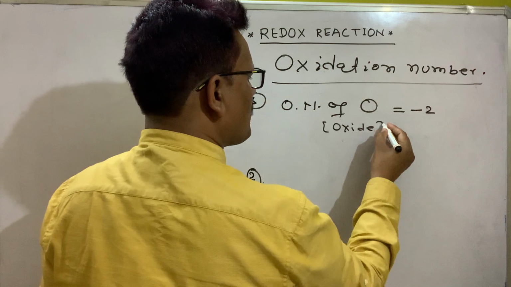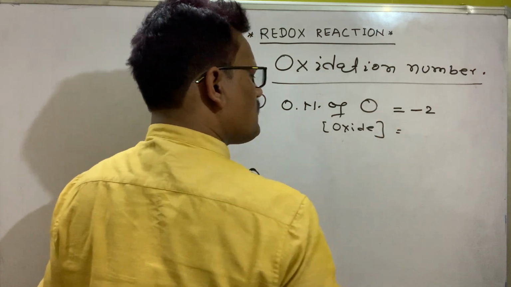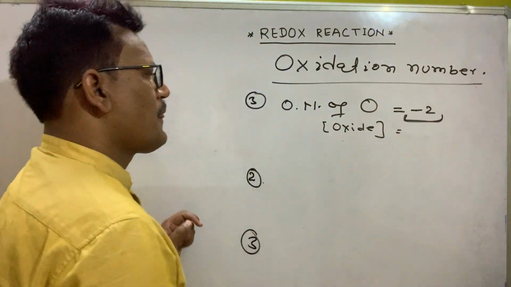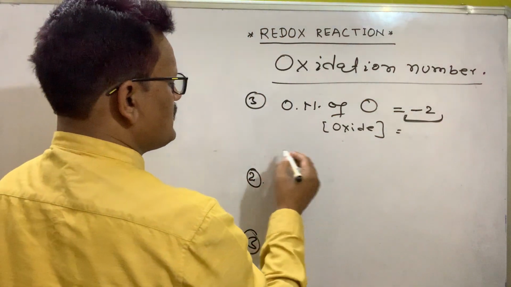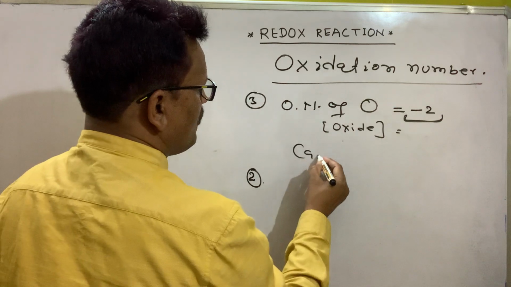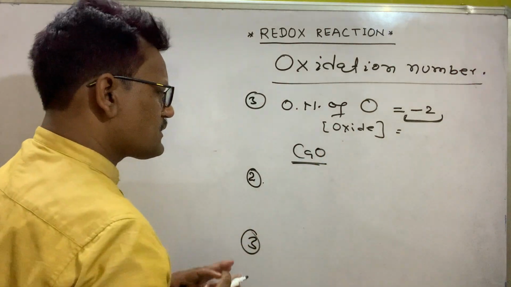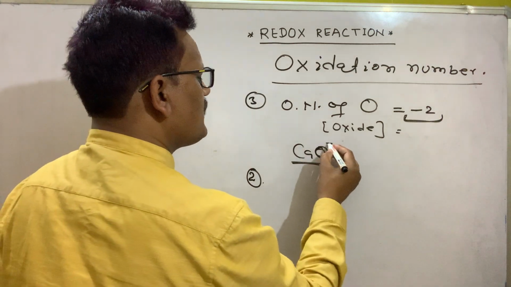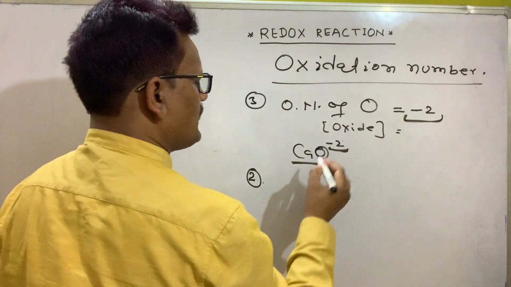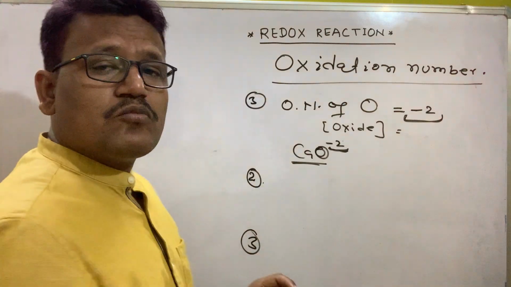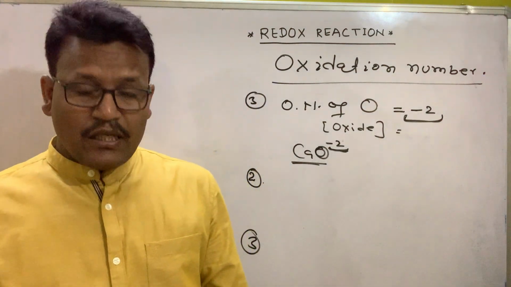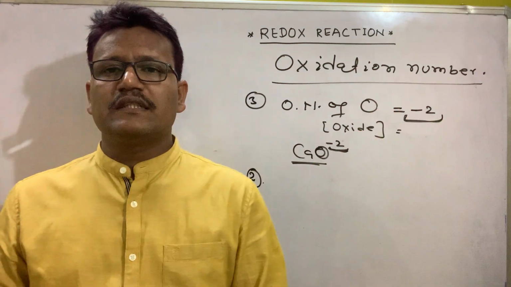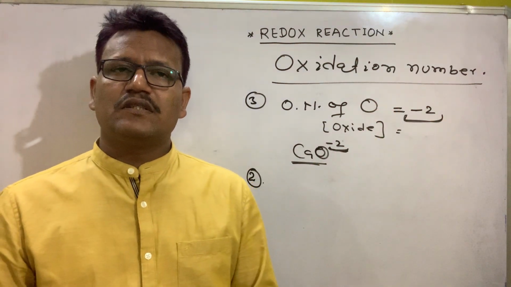So in case of oxide, the oxidation number of oxygen will be -2, such as calcium oxide. In calcium oxide, oxygen is in -2 oxidation state. So in most cases oxygen has -2 oxidation state.